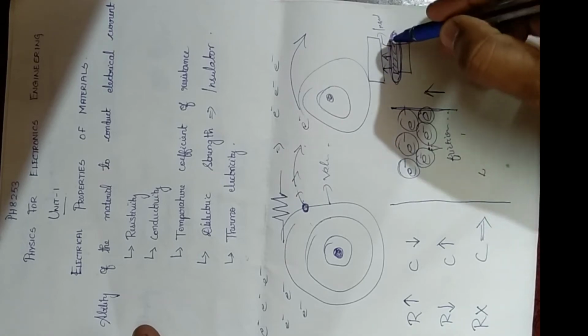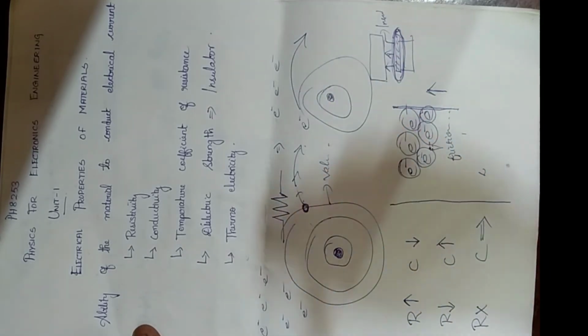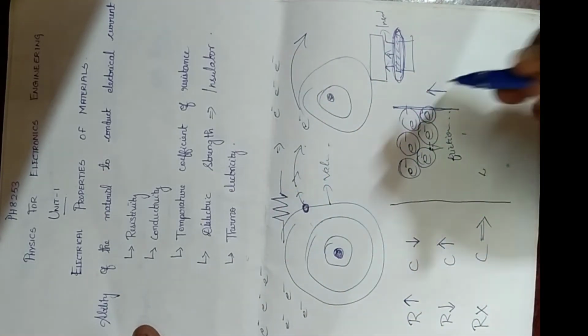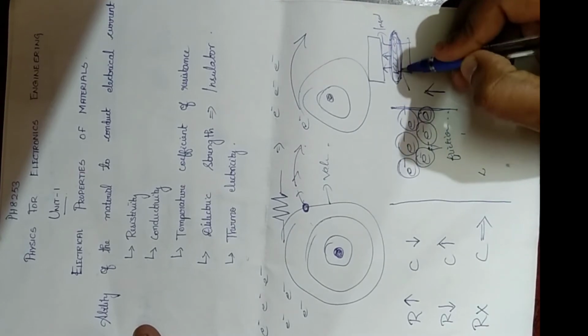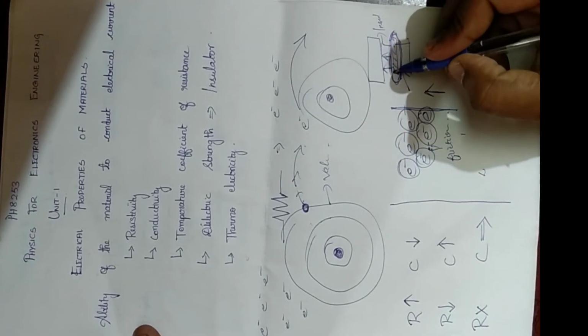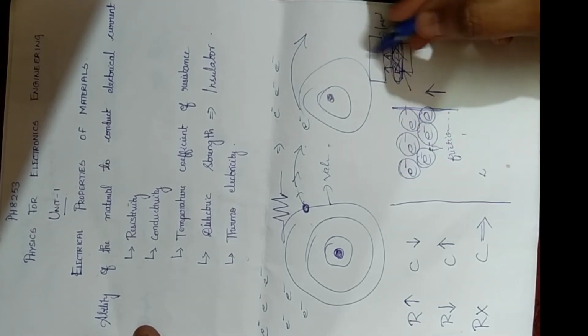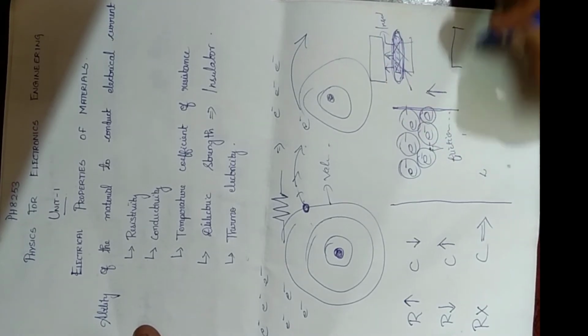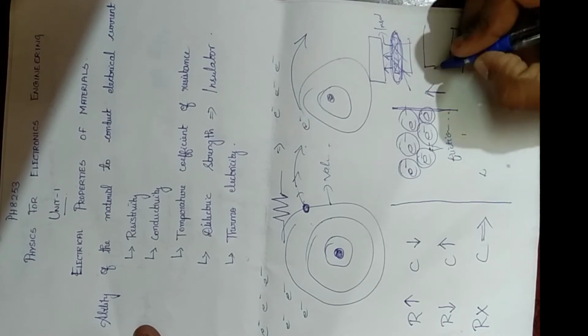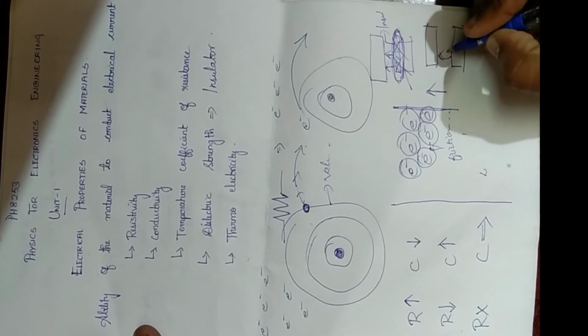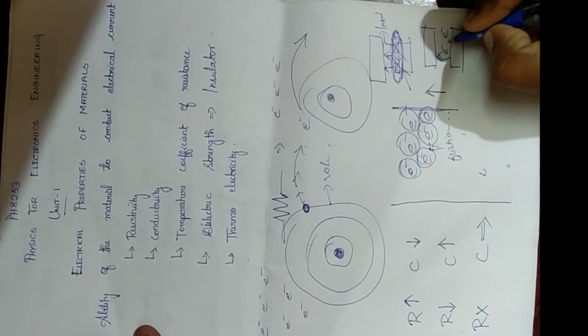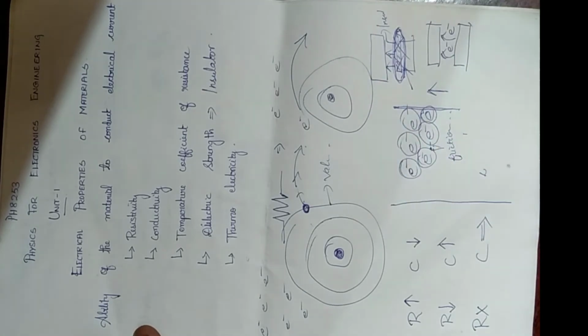So that strength is known as the dielectric strength. How much this insulator could sustain before it breaks, that is what is meant by the dielectric strength. Dielectric strength is measured as the maximum voltage required to produce a dielectric breakdown through a material. If this breaks down, then my electrons will get transferred from one material to the other.